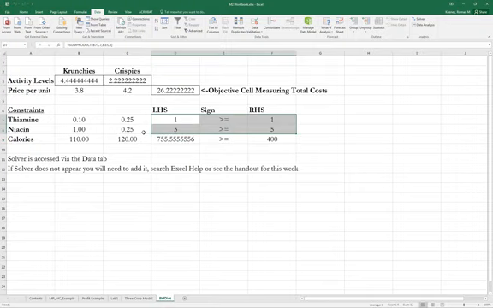So we said we should do analysis anytime we look at one of these solutions. So let's think about a little bit of analysis. If we wanted to think about changes to this kind of problem, one place to think about in a minimization problem is, how could I lower the cost of getting thiamine?